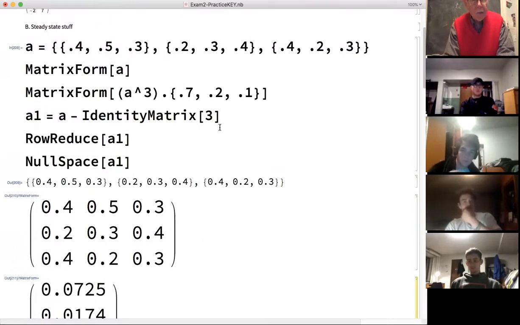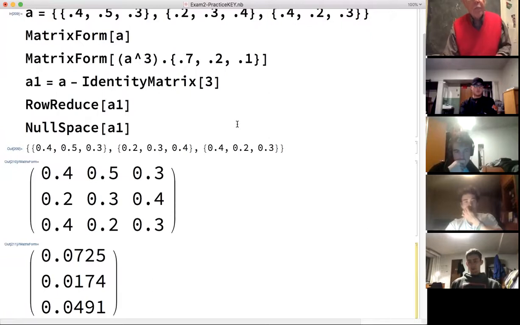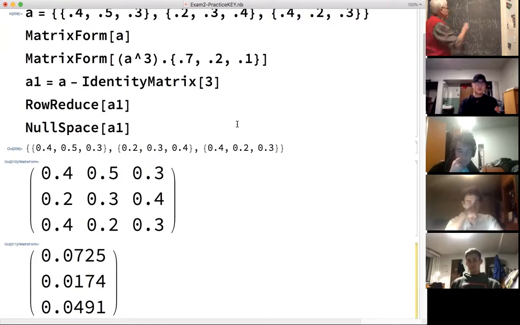The next one is the matrix form of A cubed. So this is X3 right here. So there is the answer to X3. A cubed times that X0 matrix gives you this 0.0725, and then 0.0174, and finally 0.0491.